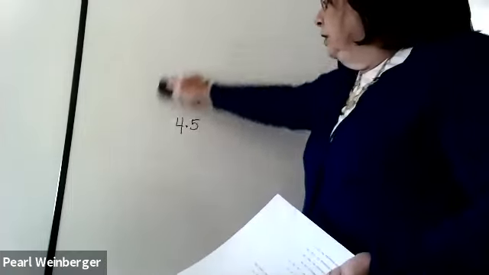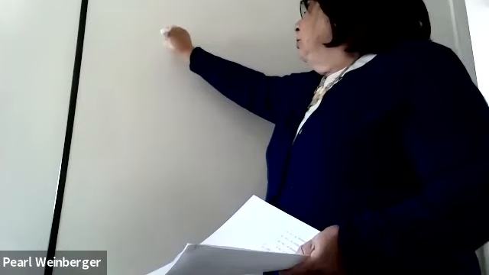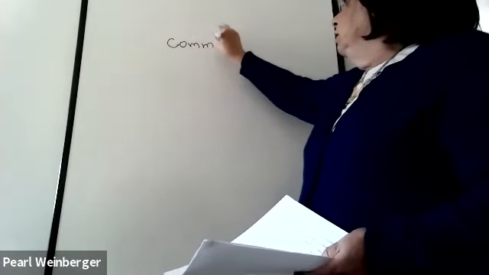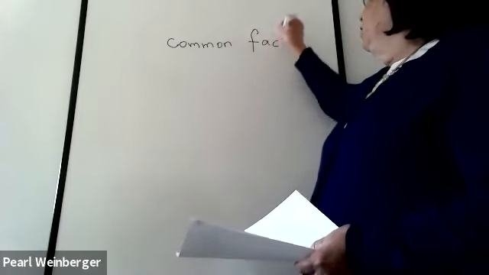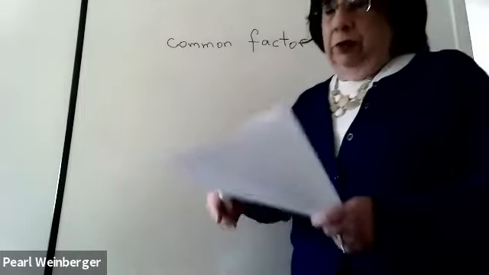So let me give you an example. It's called finding a common monomial factor, or a common factor, an easier name. It's the first type of factoring that we do when we're dealing with polynomials.